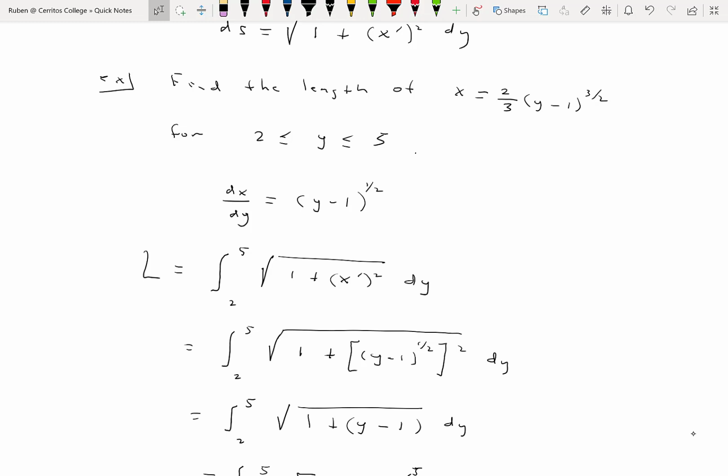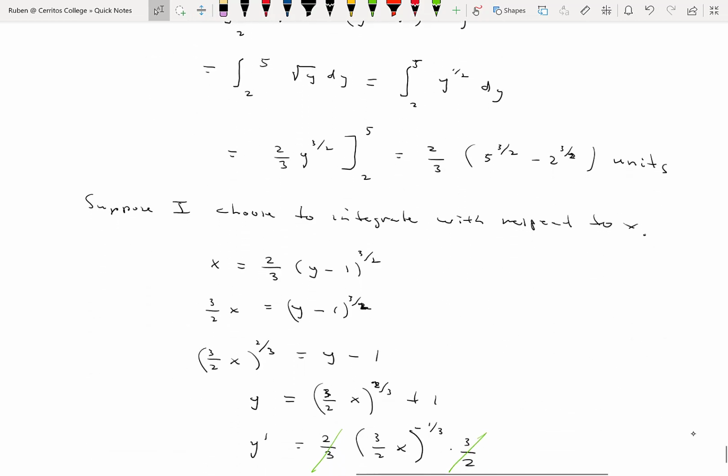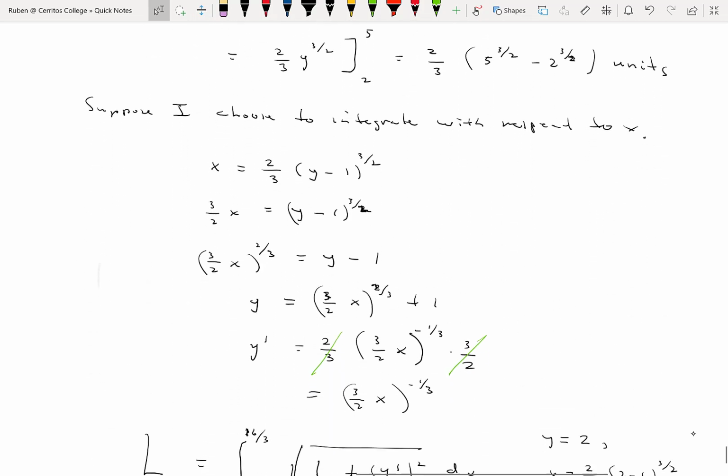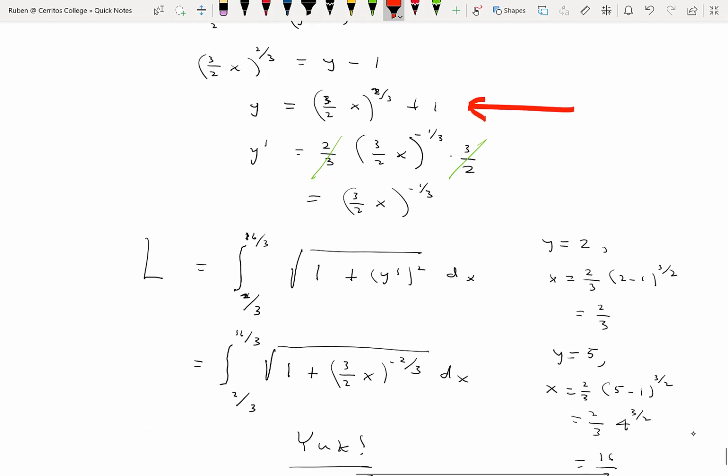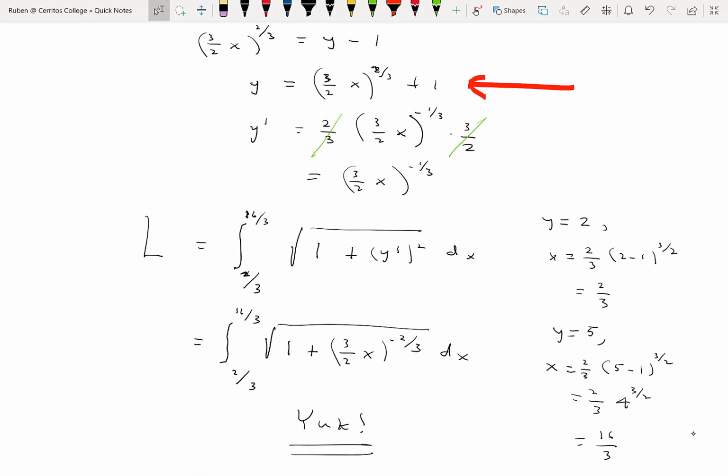So suppose we were given this curve as this funny looking y equals 3/2 x quantity to the 2/3 plus 1. Well, if we didn't think about this in terms of finding the best possible formula, we would end up having to integrate this yuck integral.